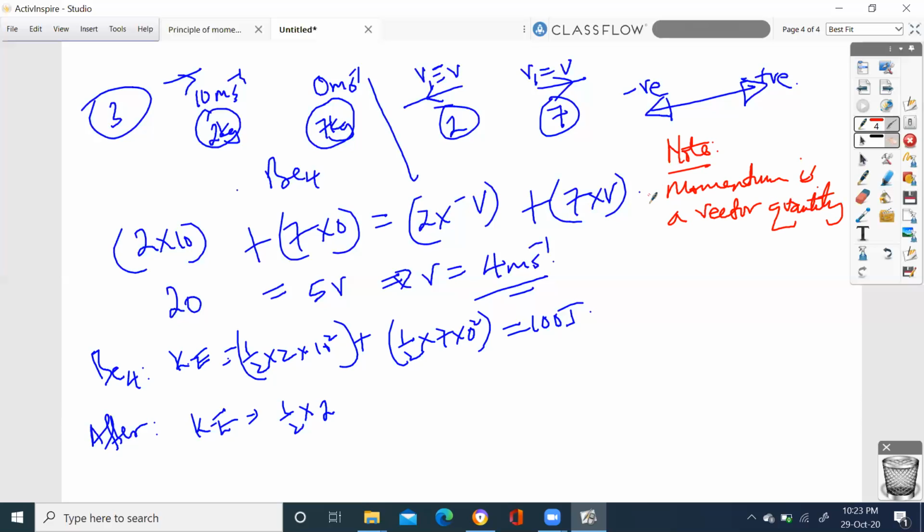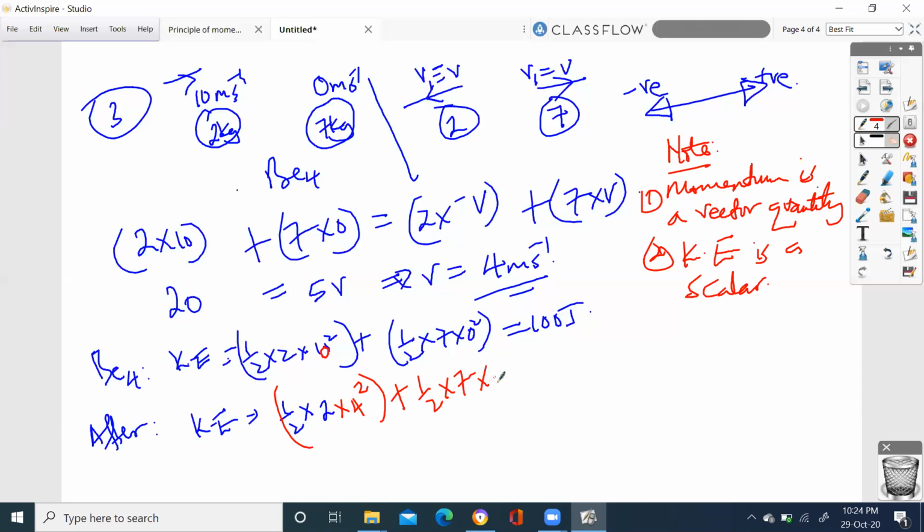Scalar means that you don't take into consideration the negatives. Simply everything is positive. So we have 1/2 times 2 times 4 squared plus 1/2 times 7 times 4 squared.